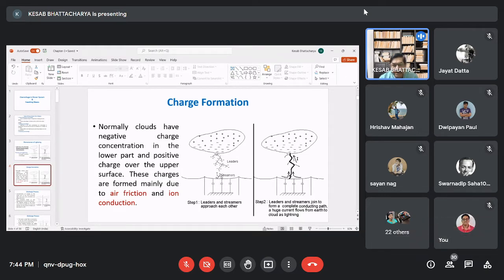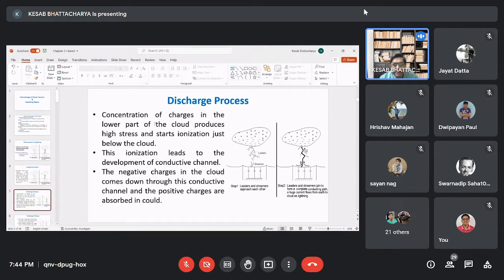So this is how charges are formed within the cloud. The distribution is like this: negative charge concentration on the lower part of the cloud, and positive charge concentration on the upper part.